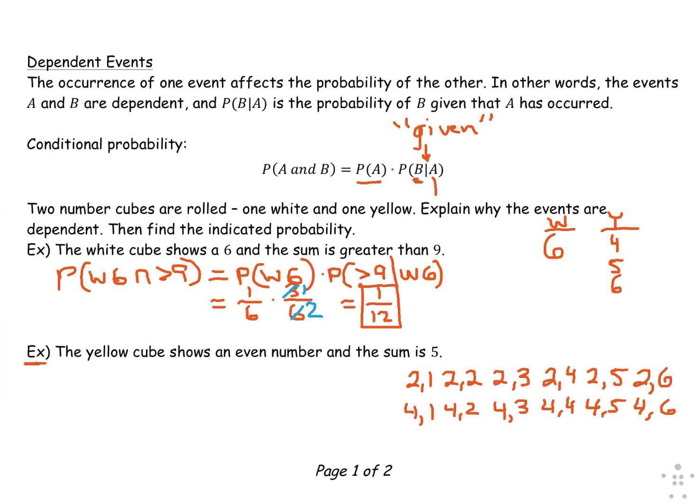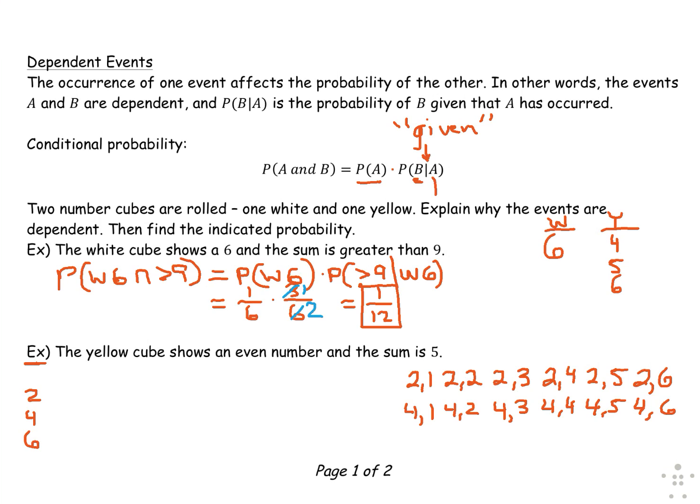Looking at the next example, the yellow cube this time shows an even number. Well, for even numbers, there are 2, 4, and 6. So right now we might think that we have a 3 in 6 chance of getting a yellow cube that shows an even number, but that's not taking into account the connectedness between these two number cubes.